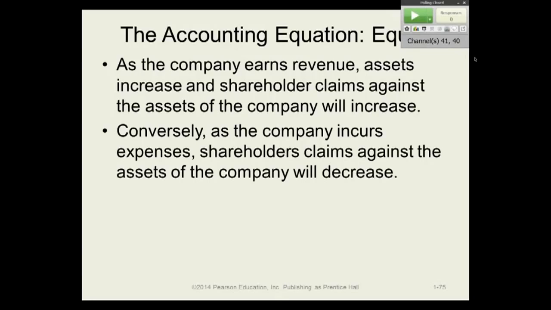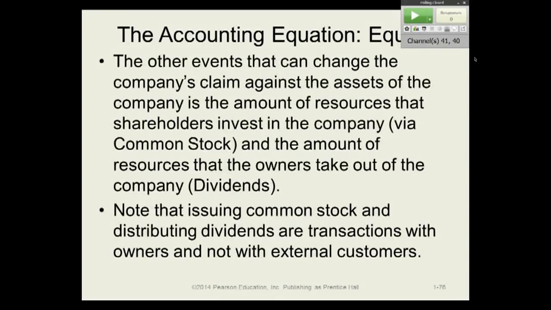They owe you a bit more. If there's an expense or if they have losses, your claim goes down. Now, we know that other events, as we said, that are not income, these are transactions with owners. These are transactions involving capital. If you invest in the business, if you pay out dividends, these are owner transactions. Transactions with owners are not income or not expenses.